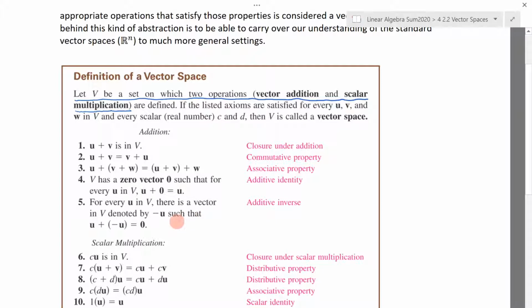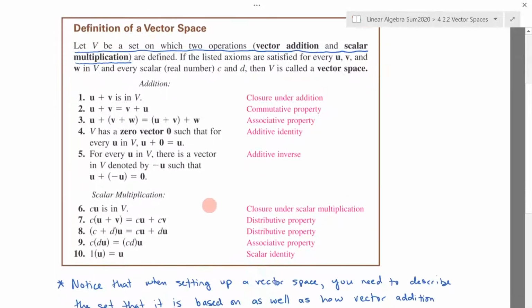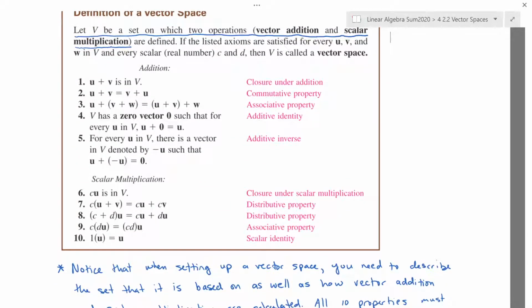The additive inverse says that you can always cancel a vector using vector addition. There's always another vector that can cancel out a vector from vector addition, and this is called the negative of the vector. And then there are corresponding properties for scalar multiplication, and they're similar to the ones that you're familiar with.